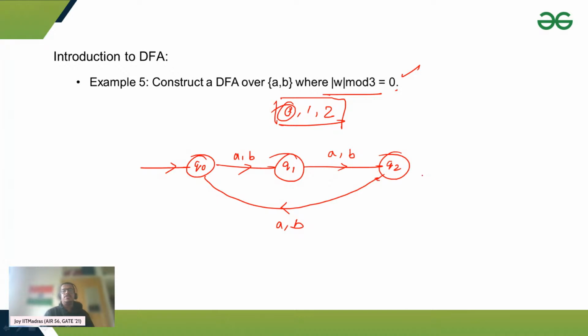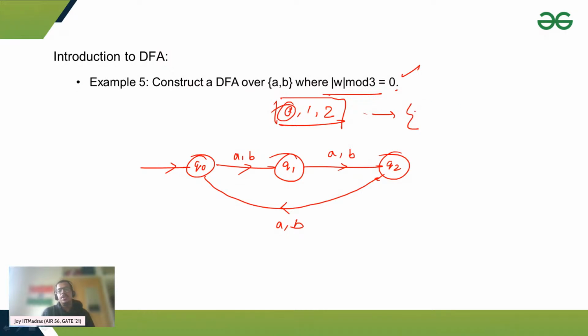Before going into that, how did I make this automata? For any length string, if we do a mod over it, we can get three types of results: 0, 1, and 2. And here the remainder should be 0. So what strings will be in this language?